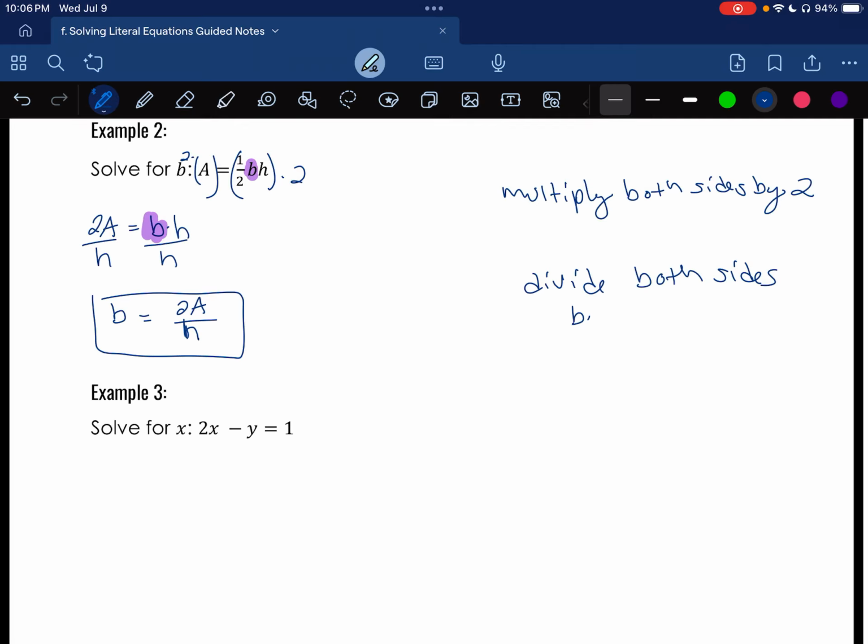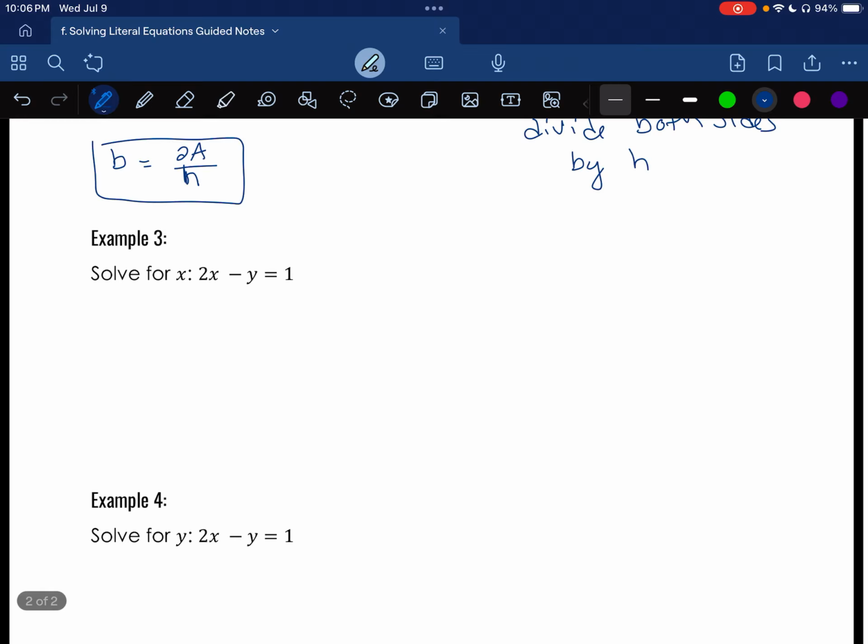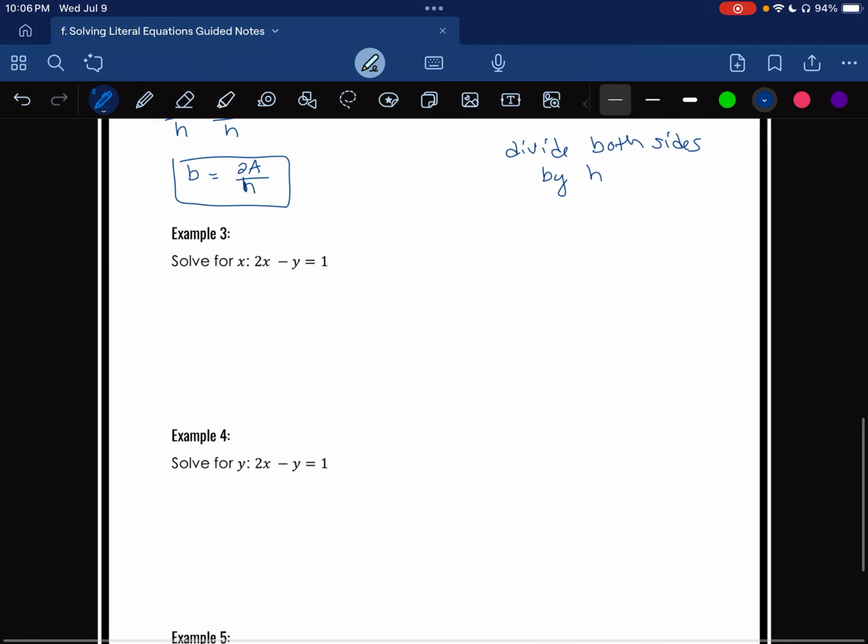Alright, now you may notice that example 3 and example 4 are the same equation, because I'm going to show you 2 different ways that we can write this same equation, right? One is going to be solve for x in terms of y, and one is going to be solve for y in terms of x. So the first thing we're going to do to get x by itself in this one is work from the outside in.